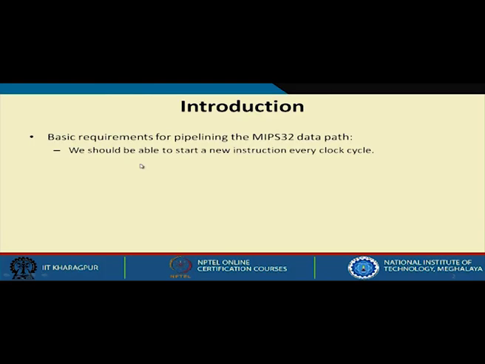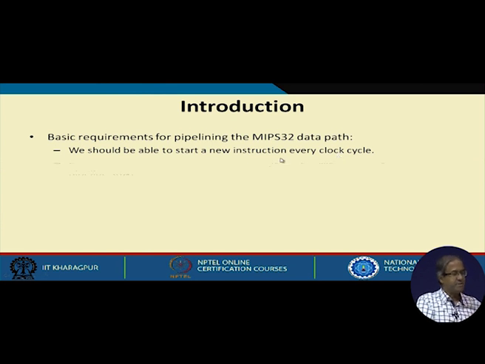That is the beauty of the pipeline, right? Once the pipeline is full, we are expected to get one output every clock. Because we are getting one instruction completed every cycle, we should also be able to start a new instruction every cycle. This is one requirement.